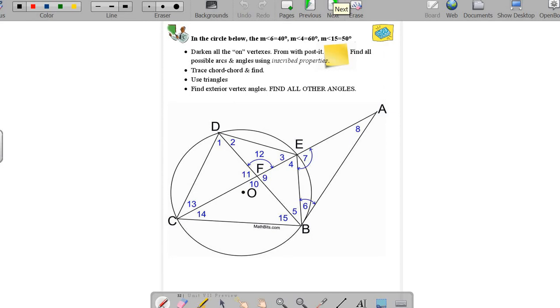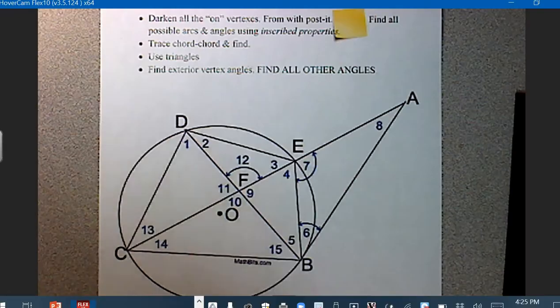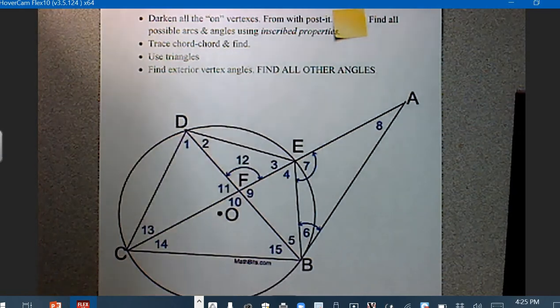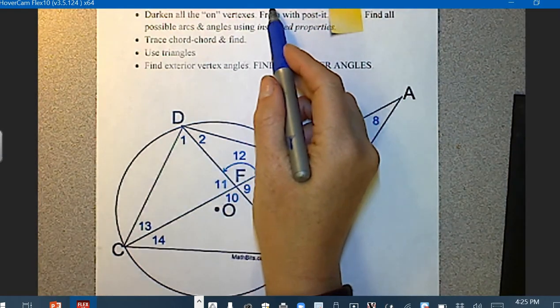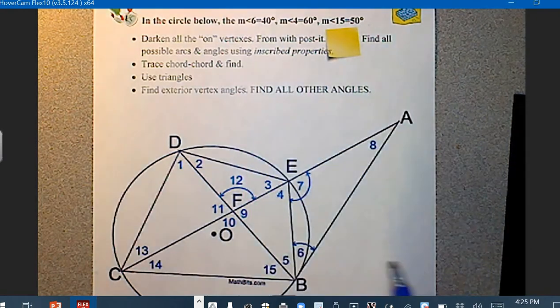Another type you have to be able to be comfortable with is these multiple angle problems. Multiple angle problems. So your first order of business is to simply properly label what we have here. We are told, we're going to do this one on paper because it's easier to work with, that the measure of angle 6 is 40.